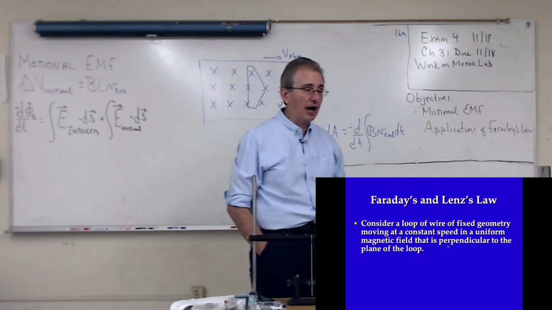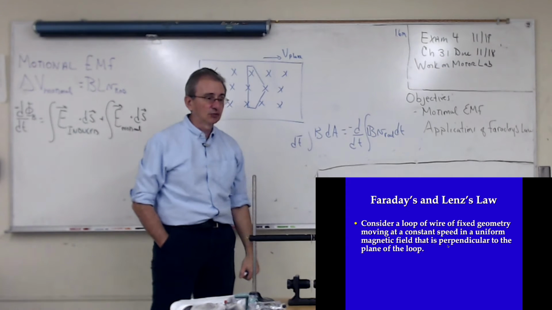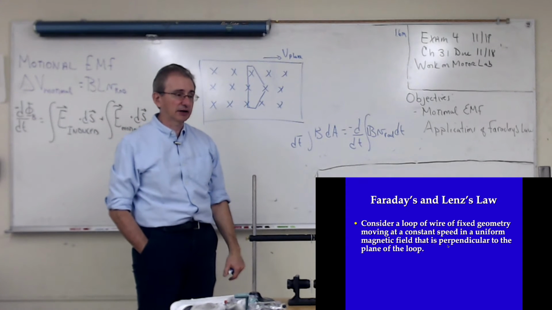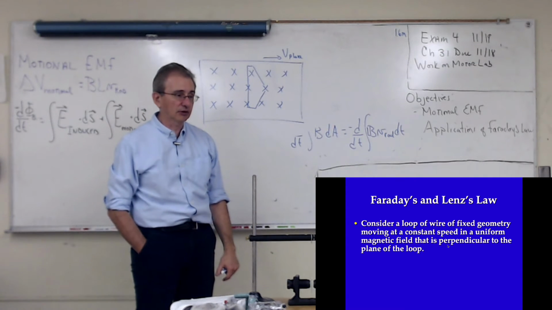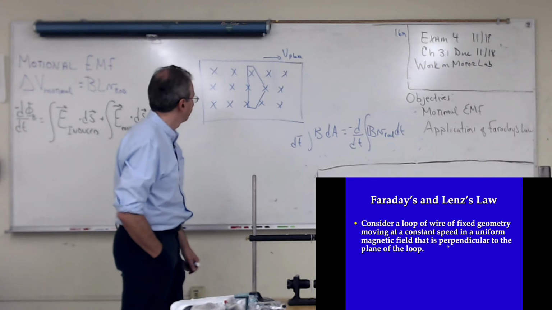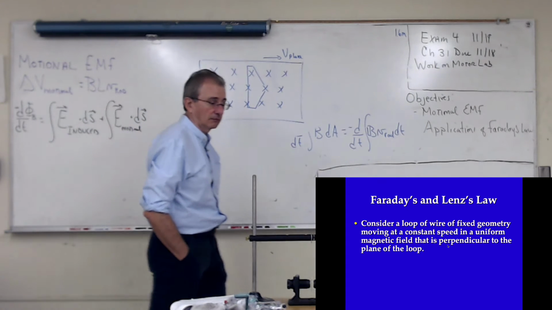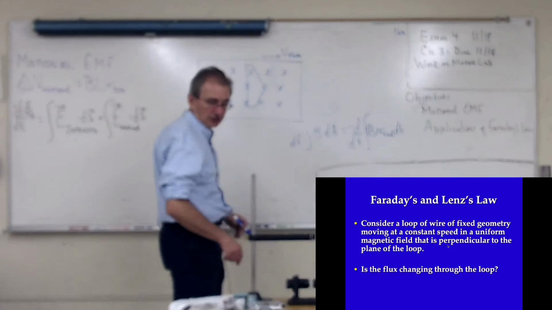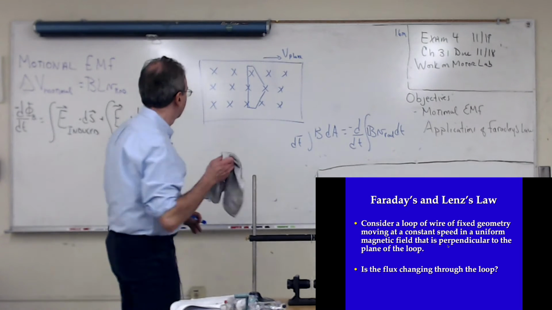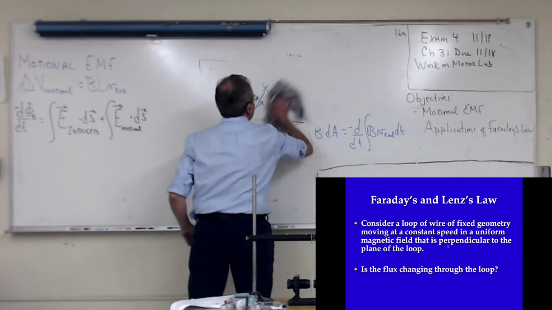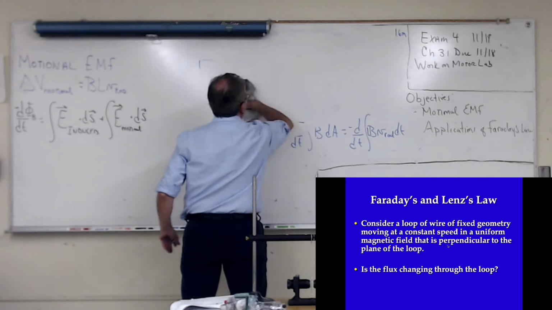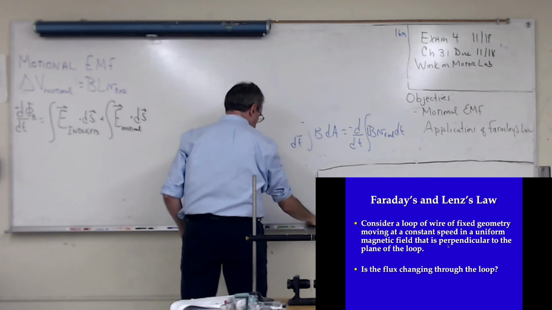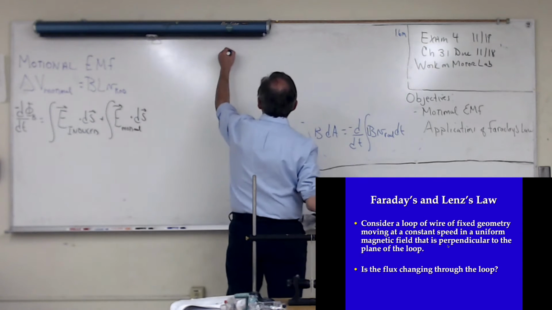If you have a loop of wire of fixed geometry moving at constant speed in a uniform magnetic field that's perpendicular to the loop, is the flux changing through the loop? Well, we got to be careful. How's the loop arranged?